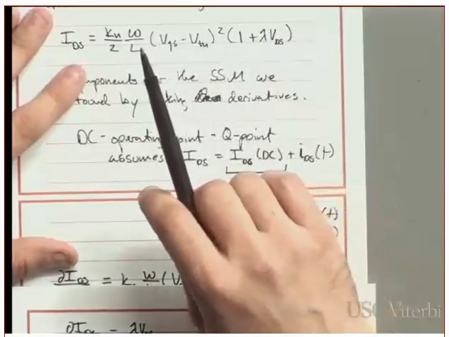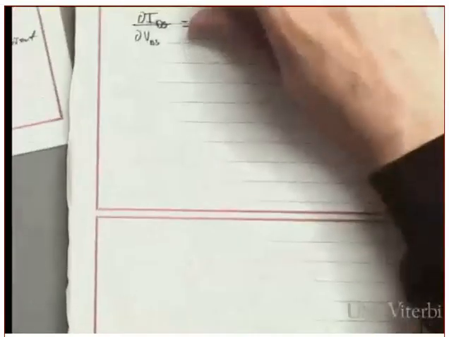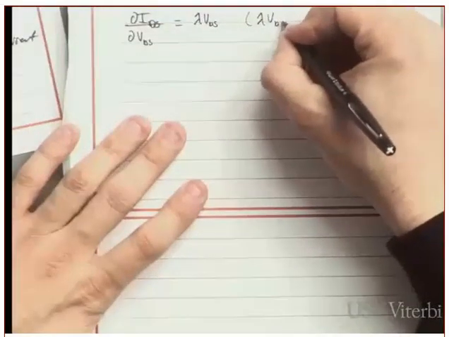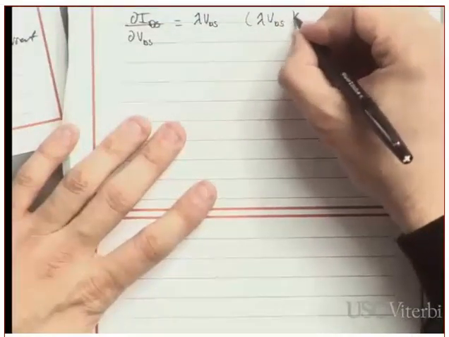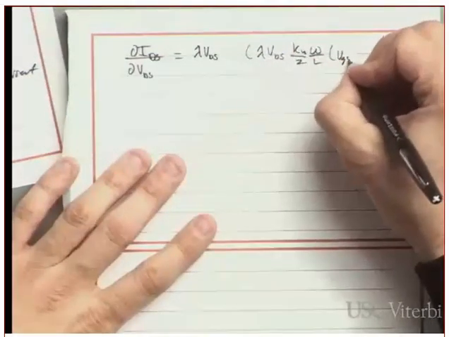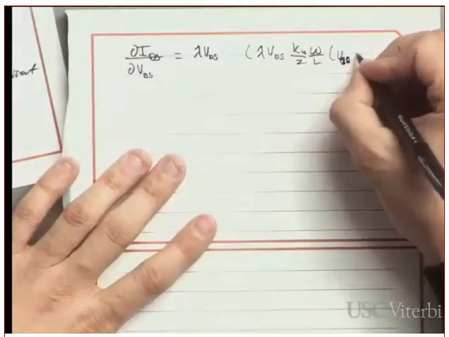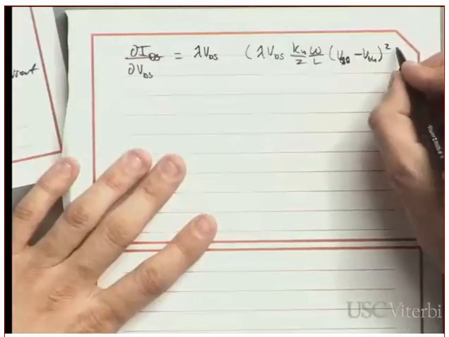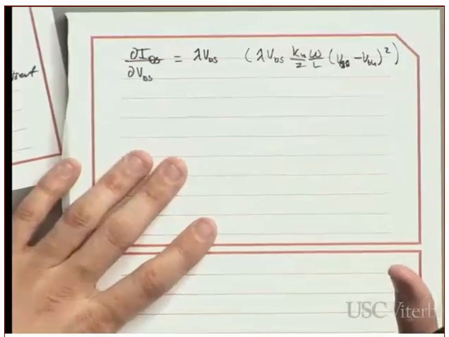Yeah. So I think that should actually be, so this is the Q point VGS. So I think that's what that should be. Does that look familiar?